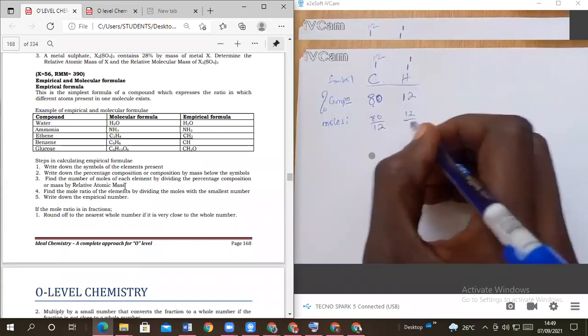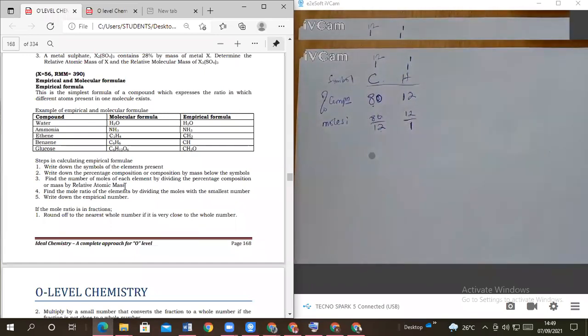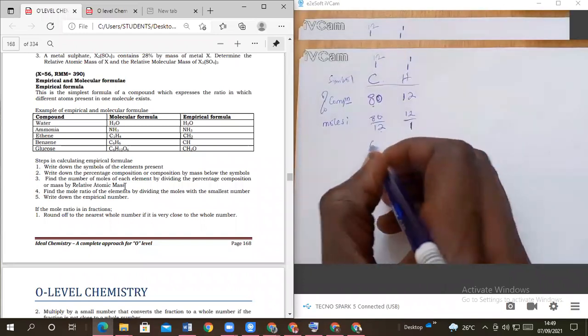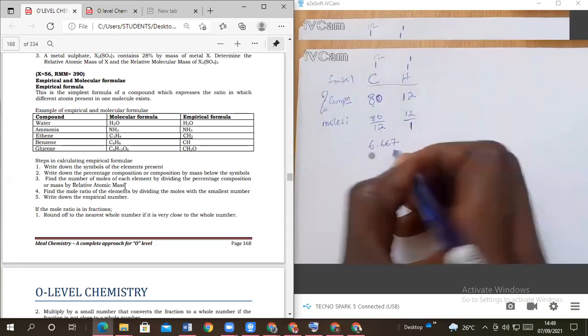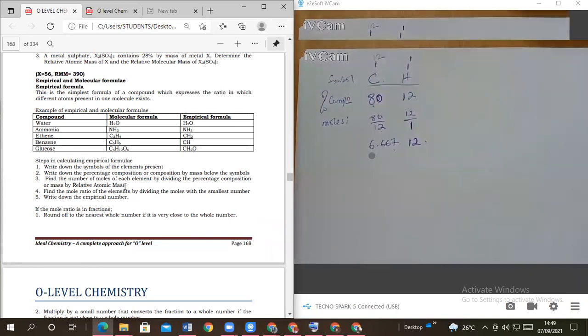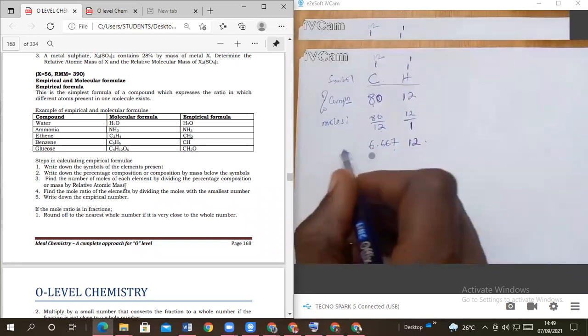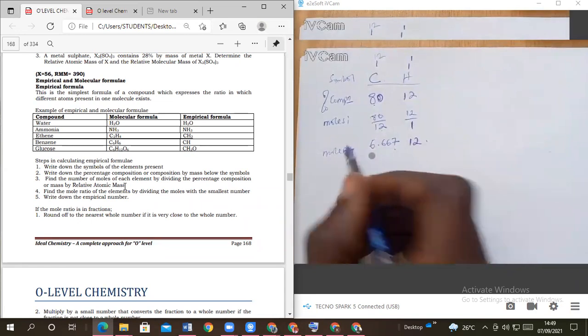Hydrogen is 1. So divide this by this, you get 80 divided by 12, you get 6.66. You write it to 3 decimal places if there are many. If not, you write it the way it is, 12, like that. So here you have now the mole ratios, the moles in that substance.